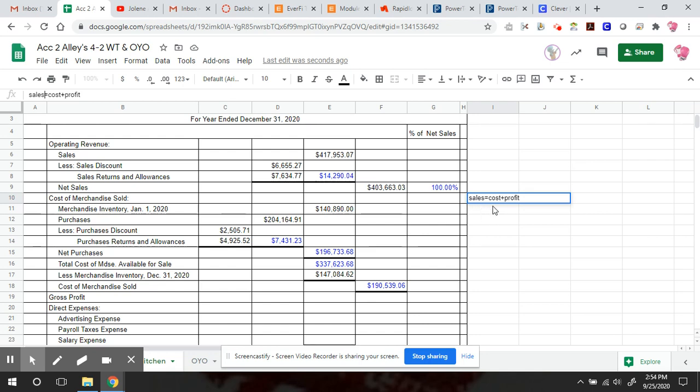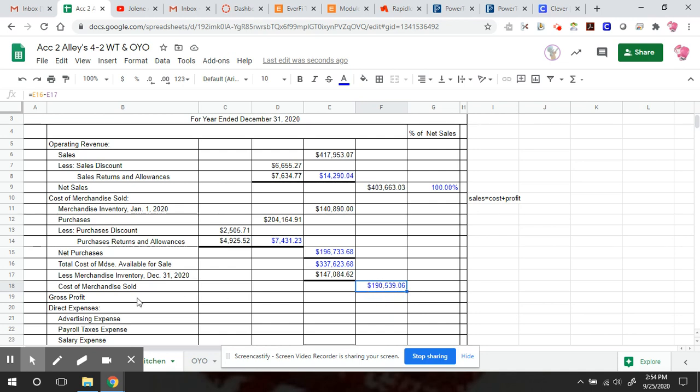Cost is cost of goods sold. Profit, sometimes they call it margin, sometimes they call it markup. It doesn't matter, it's the same thing. But your cost, what you paid for it, plus whatever your markup is, is how much you sell it for to your customer. So what we just found out is this one, the 190.